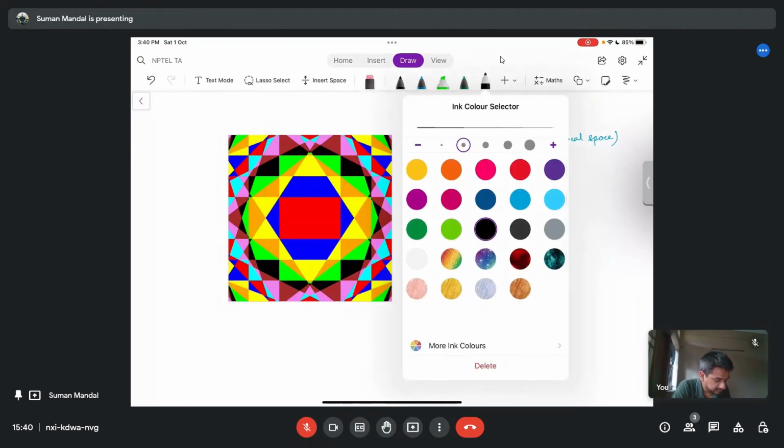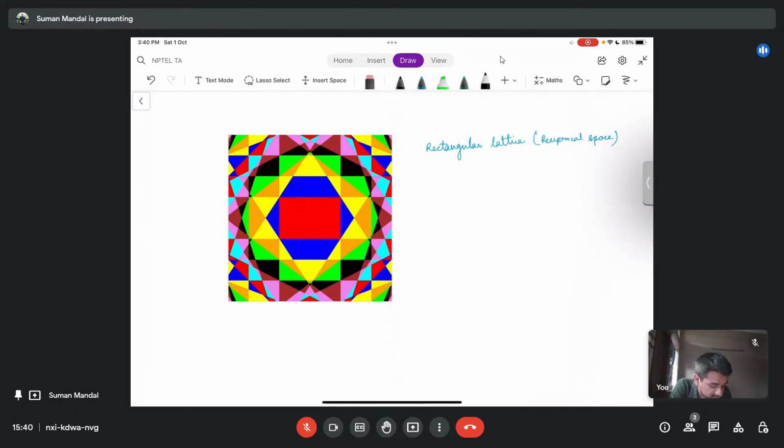Here we see that the first Brillouin zone has only one fragment. The second one has 4 fragments. The third one has 10 fragments.